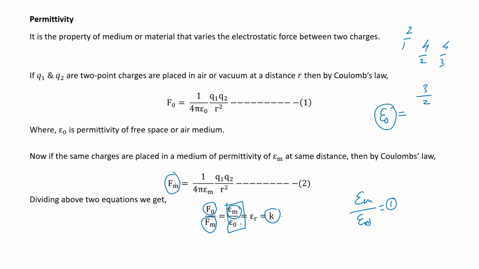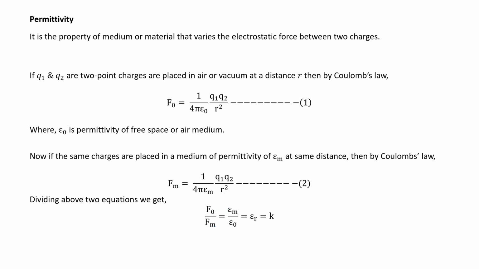If you see this formula once again, capital K is equal to epsilon m divided by epsilon naught. So epsilon m is equal to epsilon naught into K.